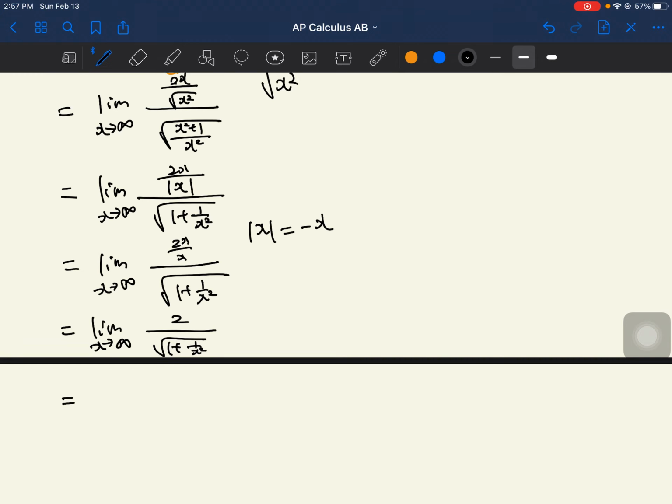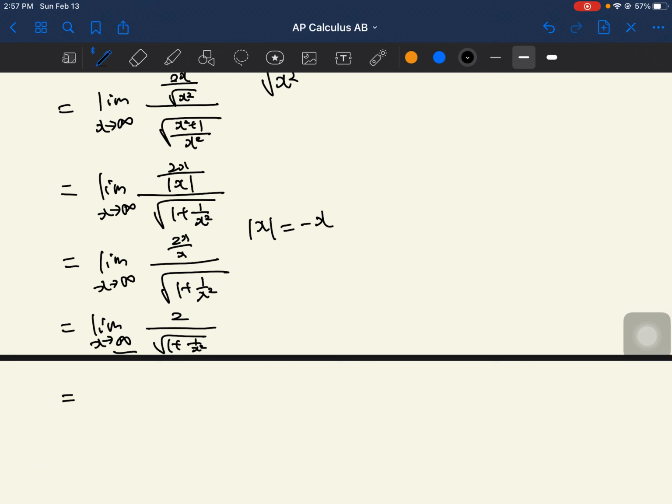Now you can put infinity into x. Let's see what will happen.